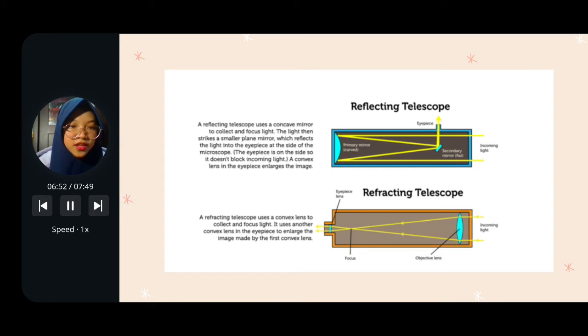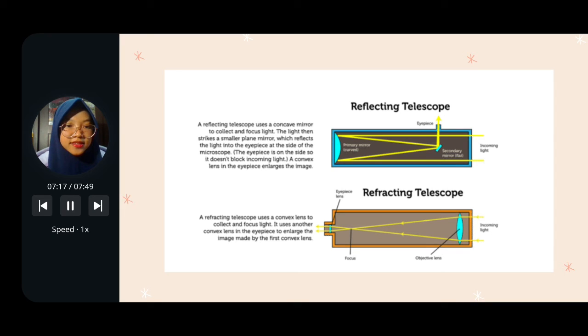A reflecting telescope uses a concave mirror to collect and focus light. The light then strikes a smaller plane mirror, which reflects the light into the eyepiece at the side of the telescope. The eyepiece is on the side so it doesn't block incoming light.